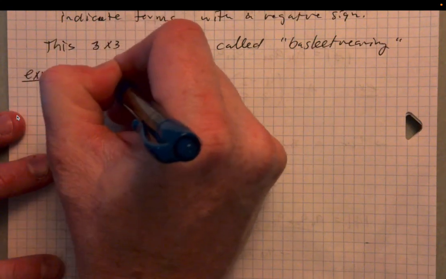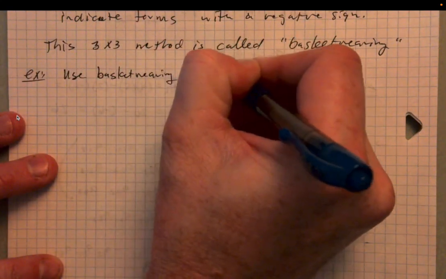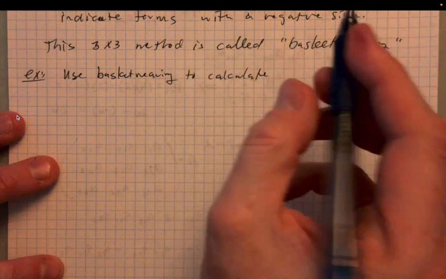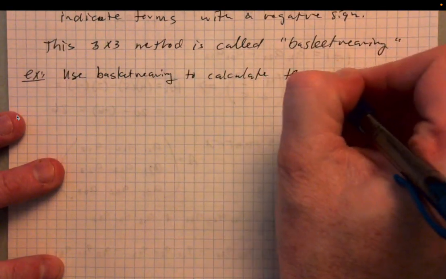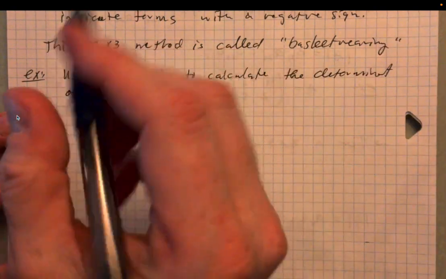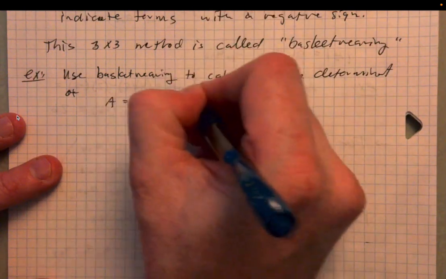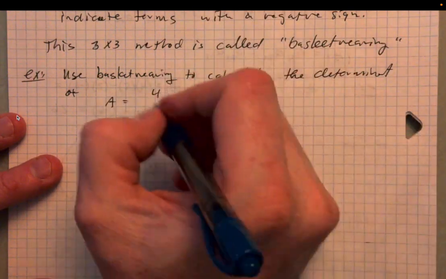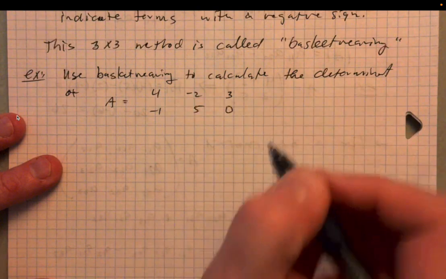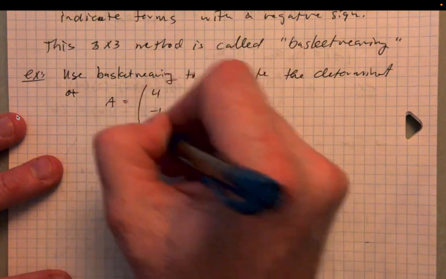So use basket weaving to calculate the determinant of, okay, our matrix A will be 4, -2, 3, -1, 5, 0, and then 6, -1, -2.